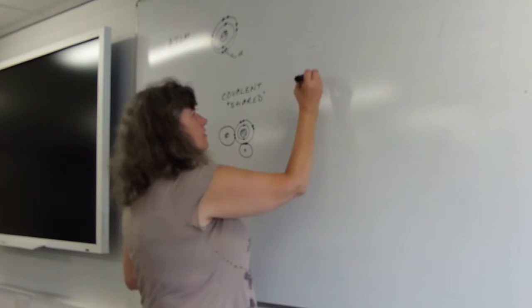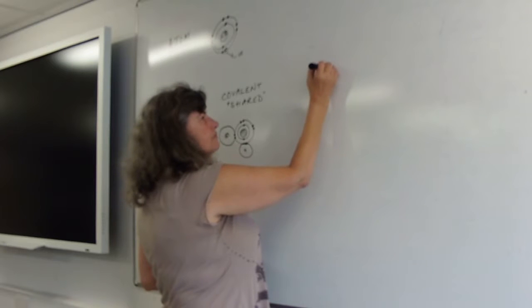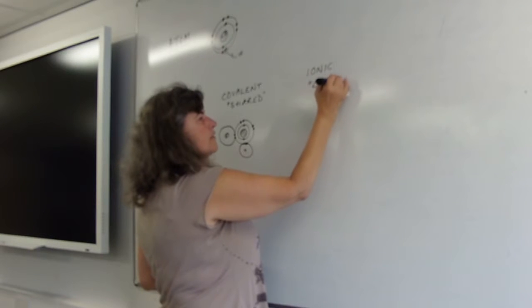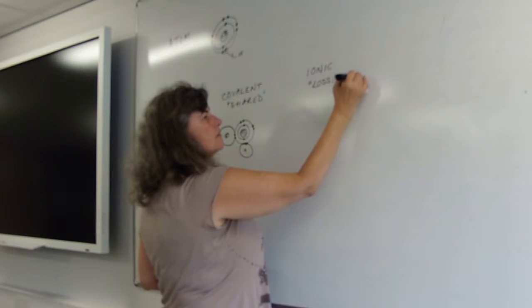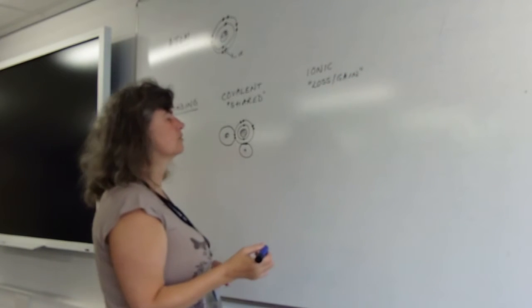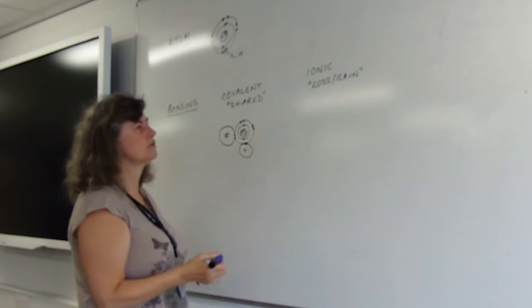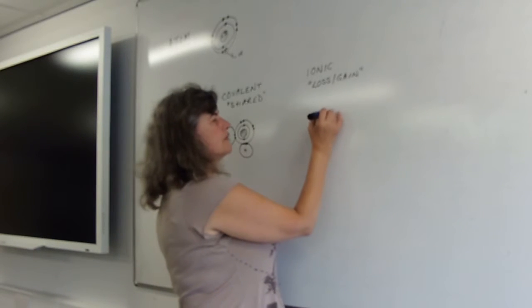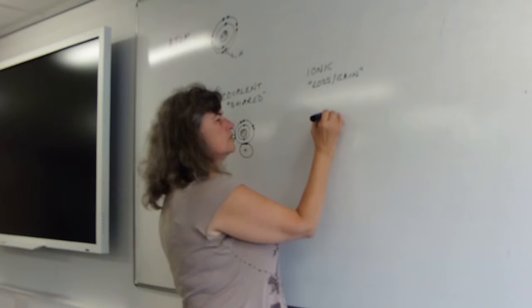We've then also got ionic bonds, and these are where they lose, so it's a loss or gain of entire electrons. Now actually we don't do much about ionic bonding in biology, but for example we consider hydrogen.